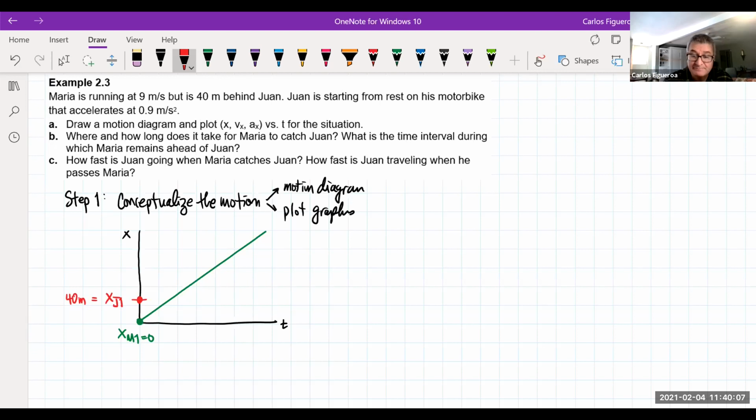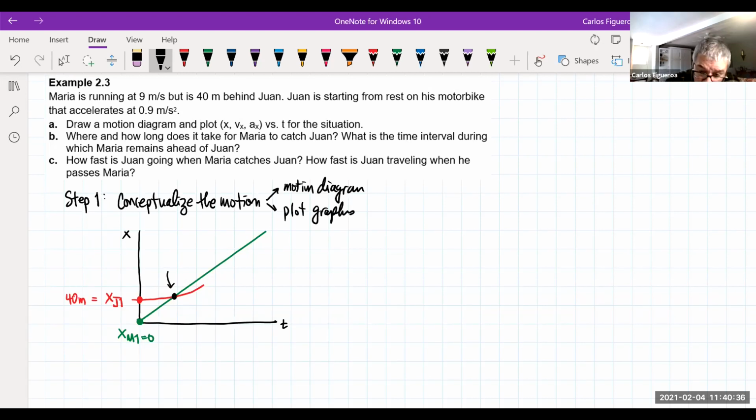So what happens? Well, I'm thinking that at some point, I got to look at the speed now. In order for Maria to pass Juan, they have to be at the same location. So then check this out. I'm having a horizontal slope, and then look what's happening right here. Look at this point right here.